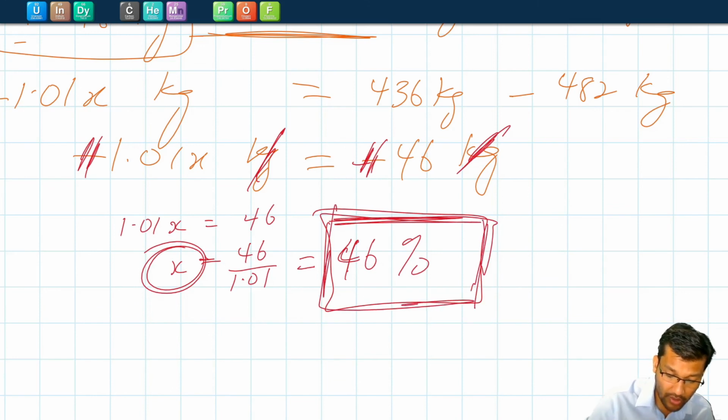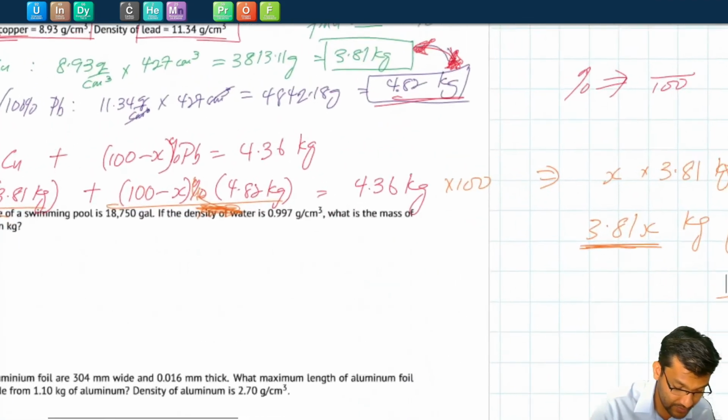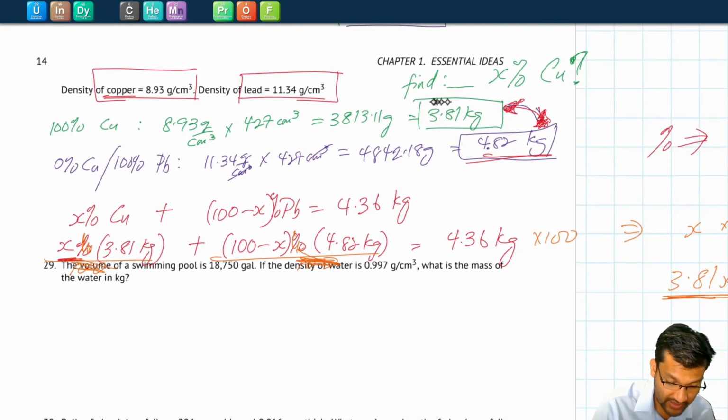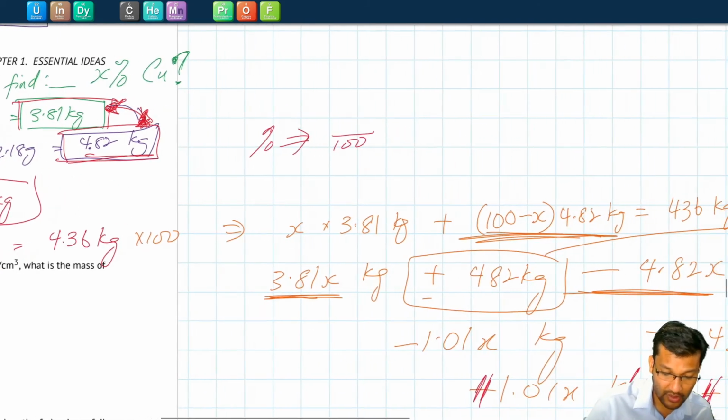That's a long walk, but I wanted to go over it with you step by step. We first determined what 100% copper and 0% copper, or 100% lead, would look like. We set up our problem to add in X% of copper and 100 minus X% of lead, which should add up to the total. And then from there, it's algebra.